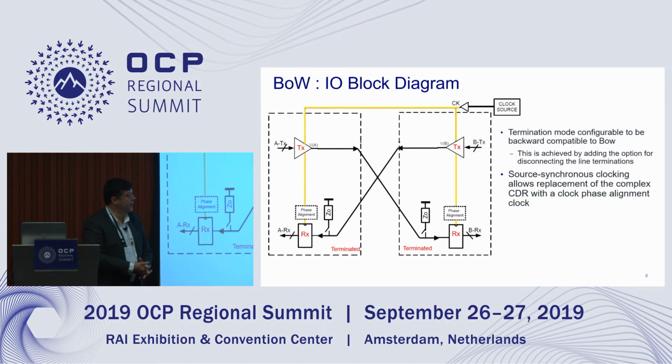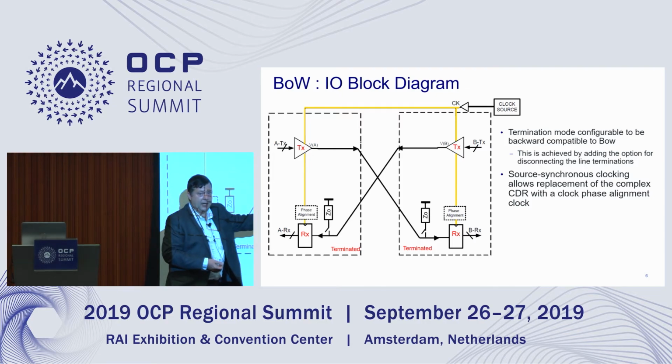What's it look like? This is just a very simple block diagram of implementing the bunch of wires. Key interesting areas, we do expect some relatively simple phase alignment that needs to happen for the RX. The TX is going to transmit clock and data together on the same clock edge.